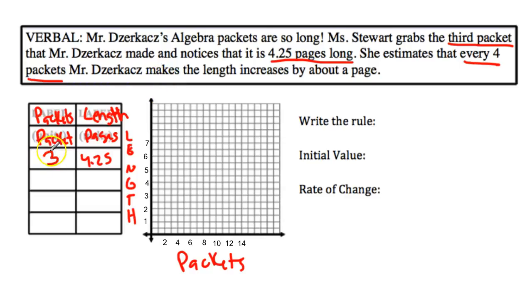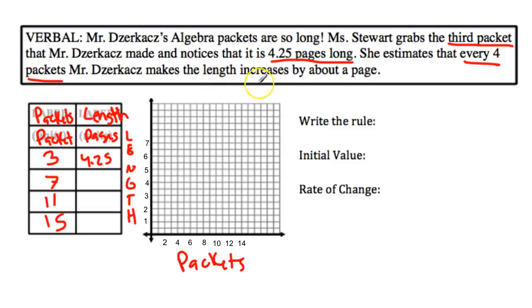So every 4 packets, if I start with 3, the next one will be 7, and then it'll be 11, and then it'll be 15. So we go up by 4 with the packets.